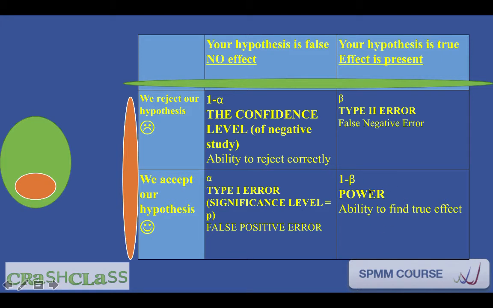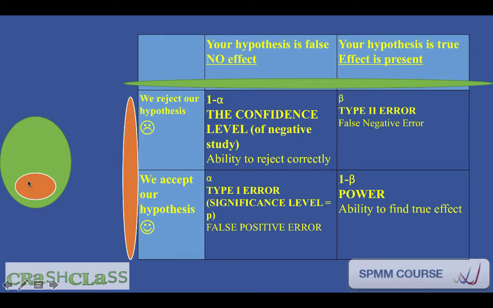What about this box here? This is power. Power is usually kept at 80%. If this is 20, this is 80. What is happening in the power box? You are showing a difference between A and B, and in fact there is a difference between A and B. In other words, your orange circle or oval is representative of the green circle.